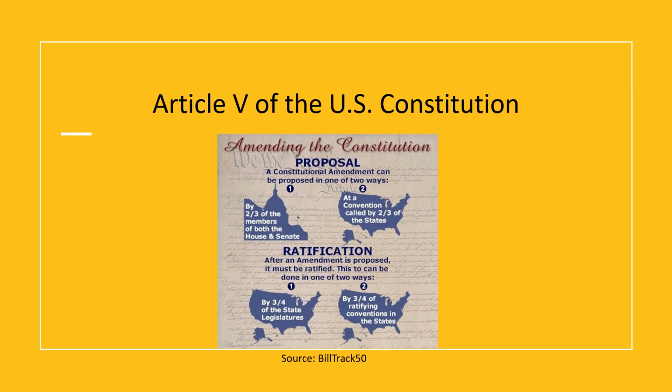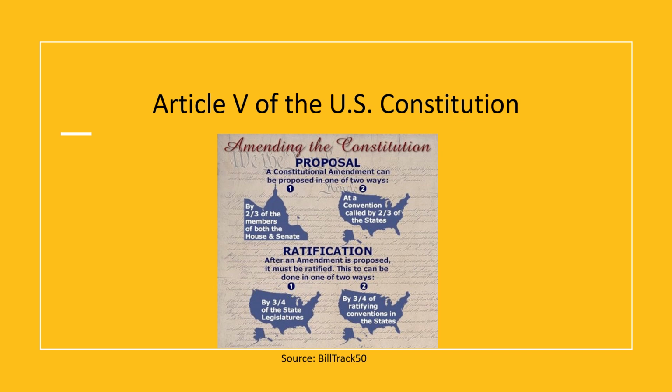But second, more than a majority, right? 2/3 of the House and Senate of the U.S. Congress or 2/3 of a convention called by the states also must be one of the options as well. So both the states and the federal government have the power to propose amendments to the Constitution.